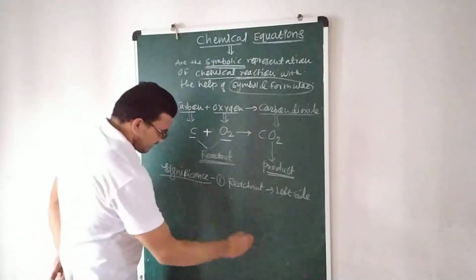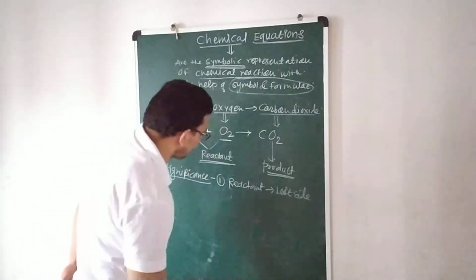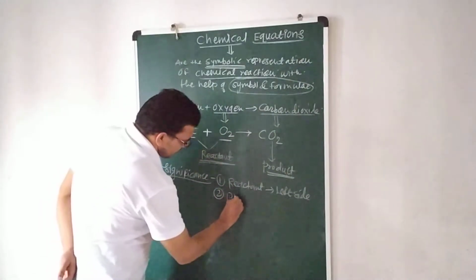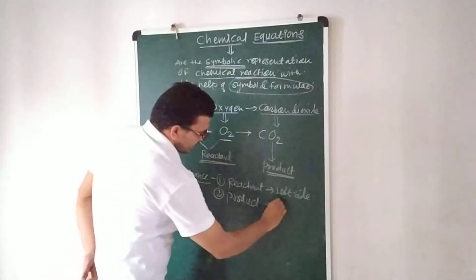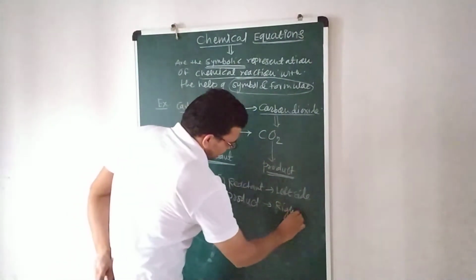The second is the product. Whatever products you get in the equation are always on the right side of the equation.